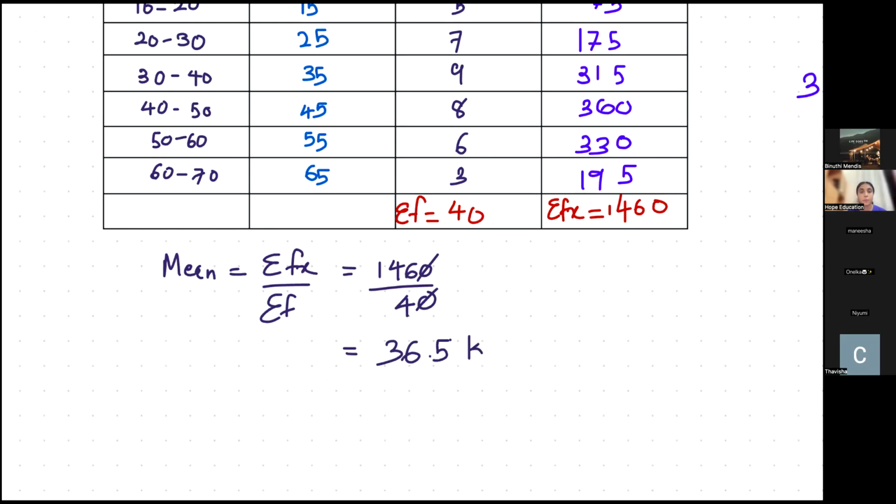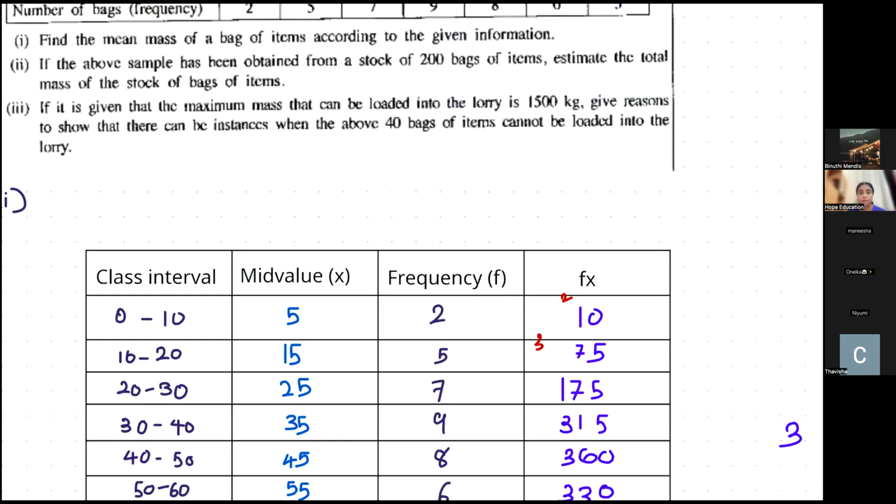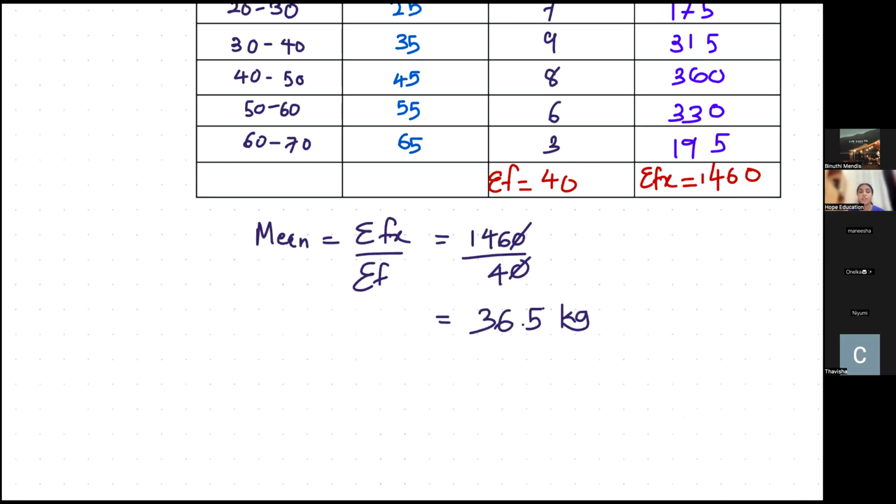It comes in kilograms, right? Yeah. 36.5 kg. Did y'all get this mean mass? Great.